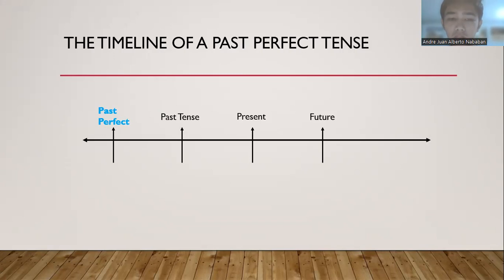So it is usually an action after a past perfect action, but it starts nearly before the past tense and finishes nearly after it. It is clearly before the present and the future. And here is the past perfect tense, the very past action, which lies at the most left.